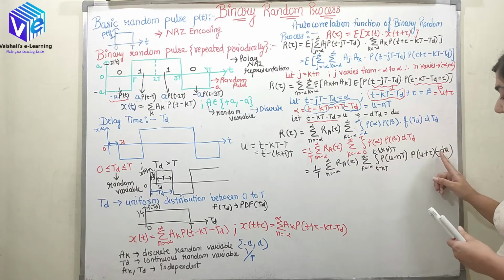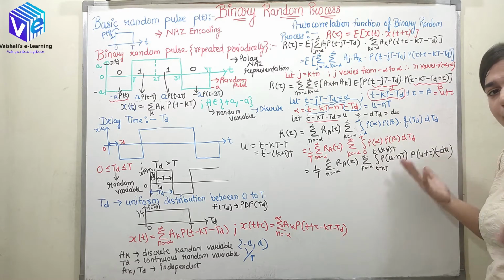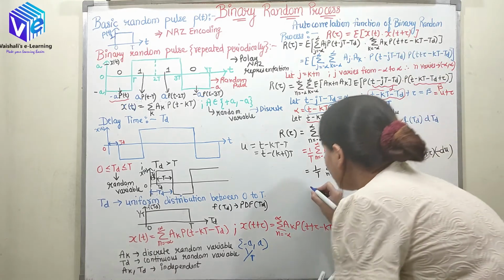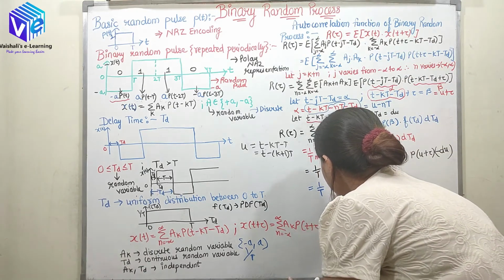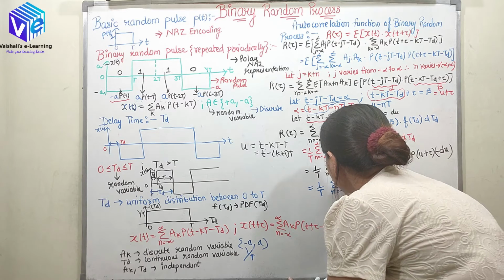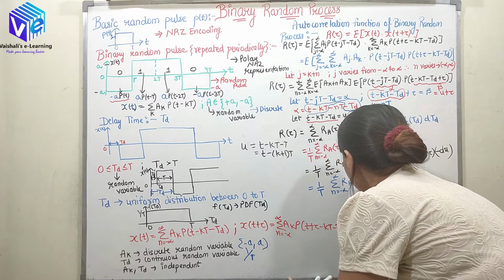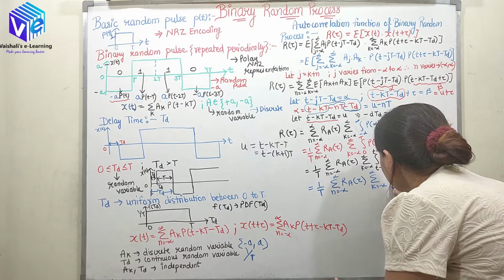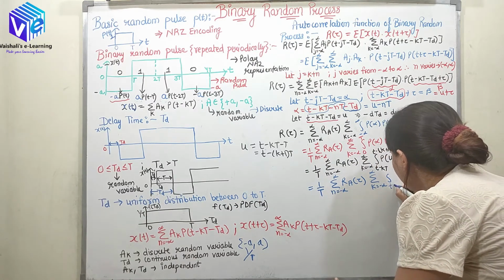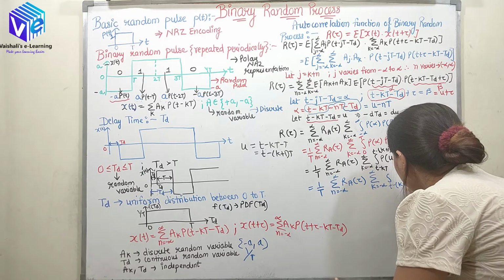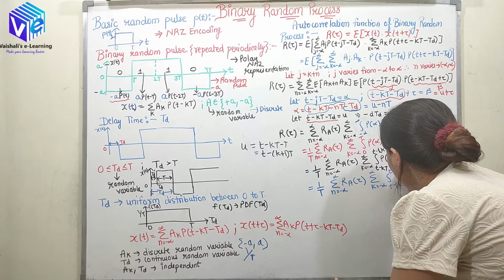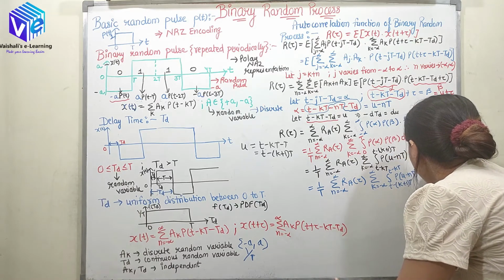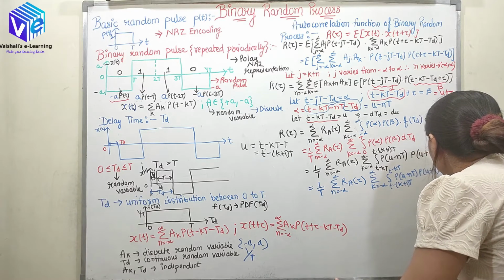Now if I have to remove this minus sign, what will I do? I'll change the limit. So it will be equal to 1 upon T, summation n equal to minus infinity to infinity R_a(tau), summation k equal to minus infinity to infinity, with the upper limit coming downside: T minus (k+1)T, T minus kT, p(u minus nT) p(u plus tau) du.